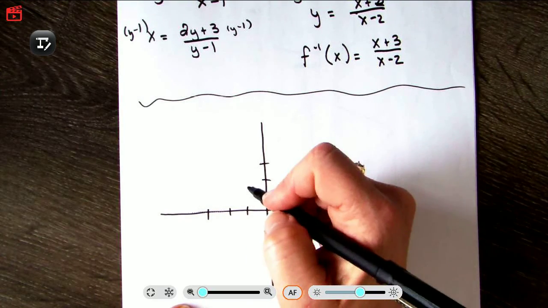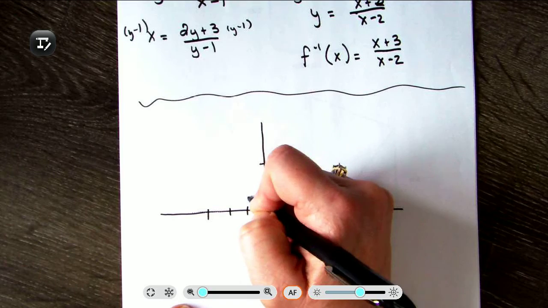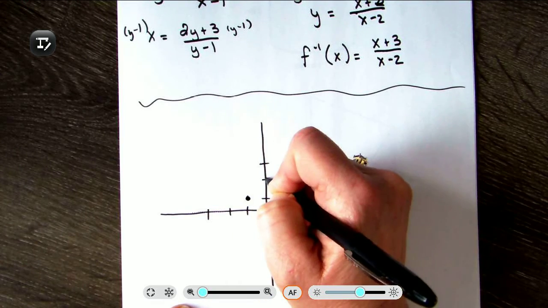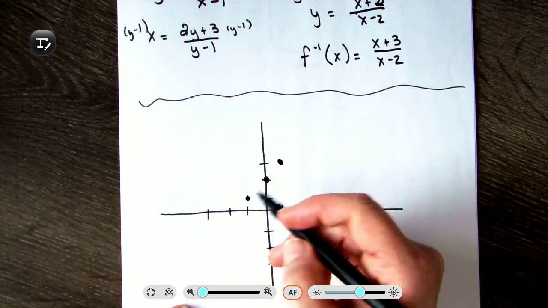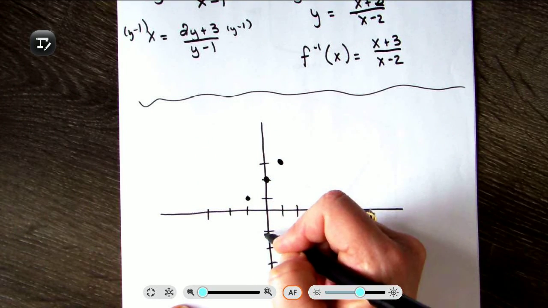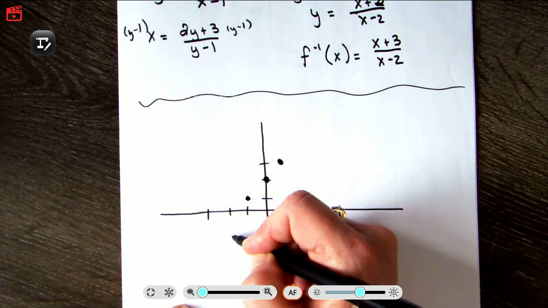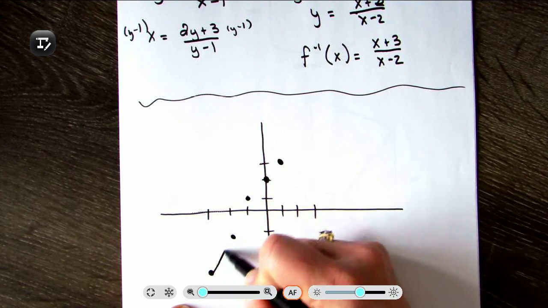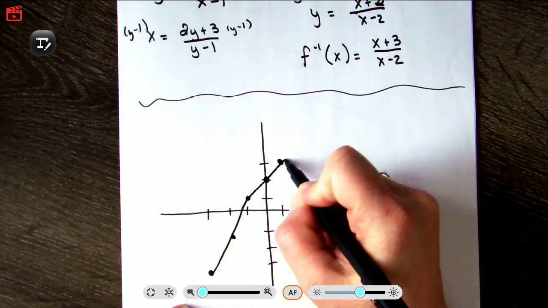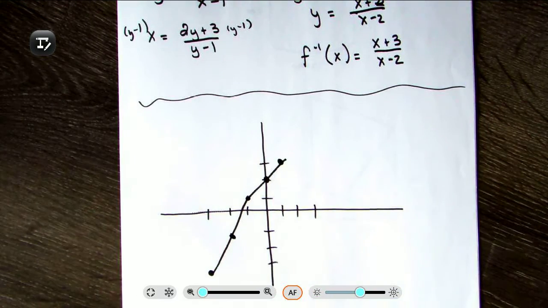So let's say I'll put some points in here. Okay, and we'll make this a little steeper. So it's going to kind of go up and then get not so steep. So it starts out steep and gets not so steep.